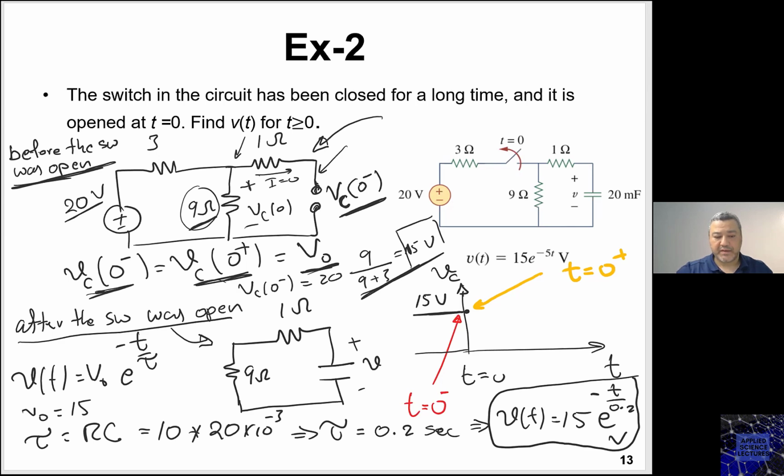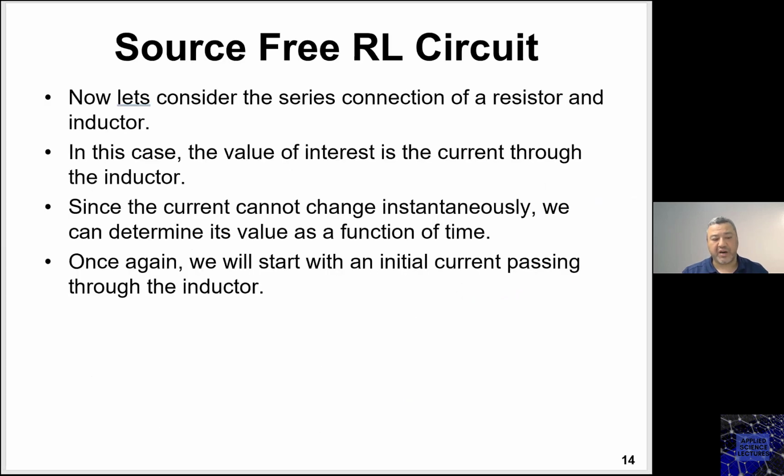Okay, is this clear? Okay, that's good. So those are the two examples for the source-free RC circuit. Now let's move to the source-free RL circuit. Here, the analogy is not that different, except we're dealing with currents. The quantity that is continuous in RL circuits is the current in the inductors.